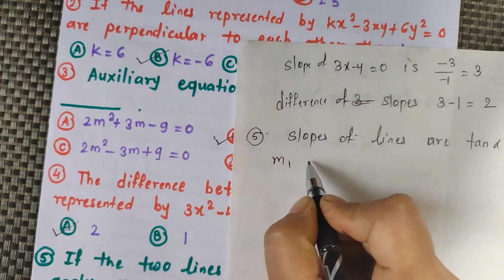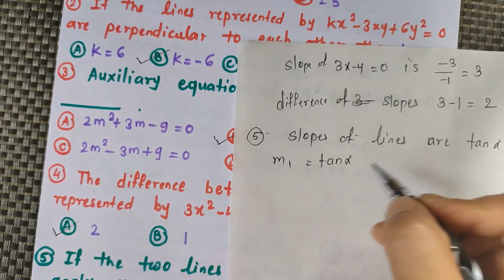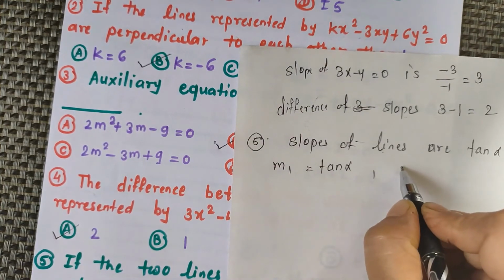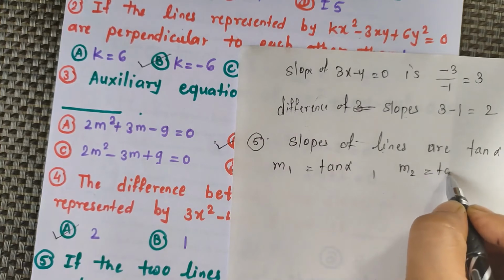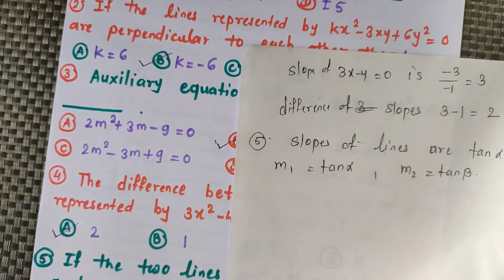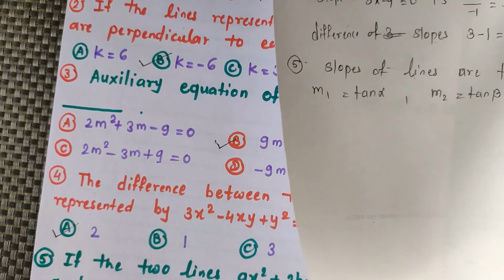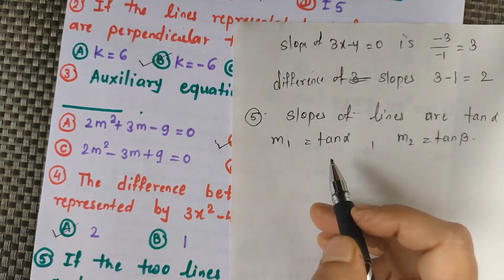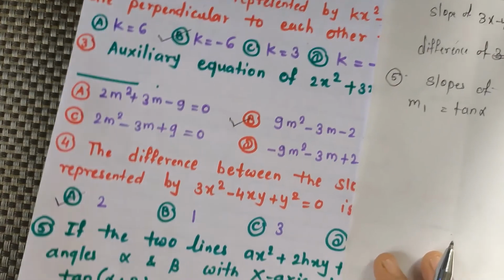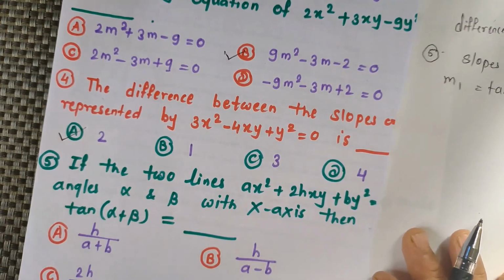So m1 is equal to tan alpha, the slope of the first line, and m2 is equal to tan beta, which represents the homogeneous equation of lines. Now here we have to find the value of tan alpha plus beta.